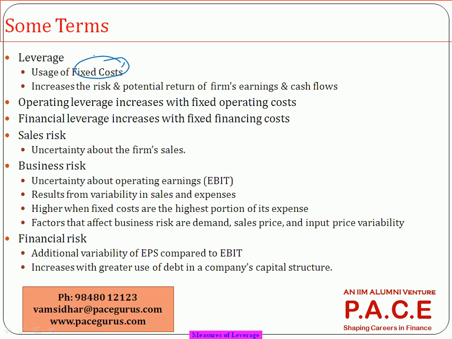Now, why? Probably we have seen earlier when we were discussing cost of capital, the cost of debt for the company was much cheaper than the cost of preferred stock, and it is much cheaper compared to the cost of equity. So the cost of debt, which is nothing but interest, is much cheaper for a company.